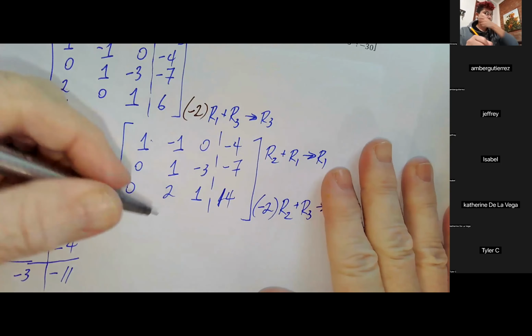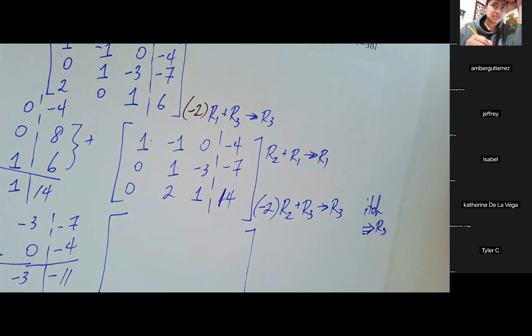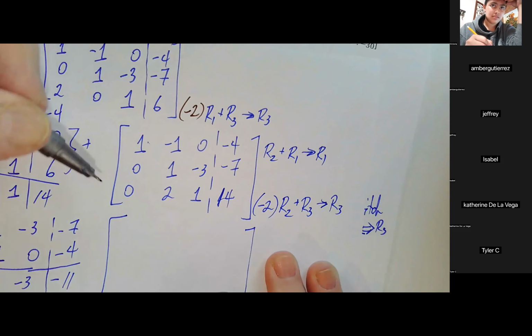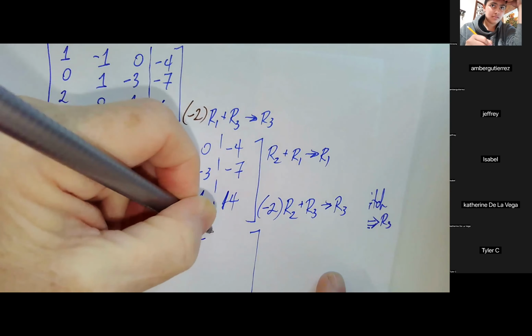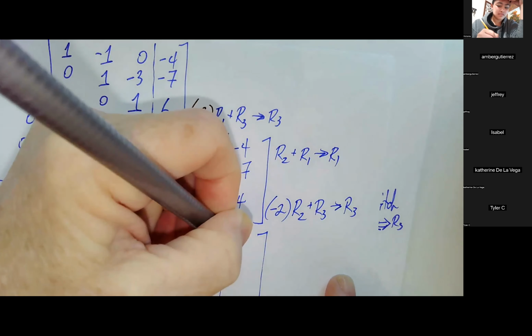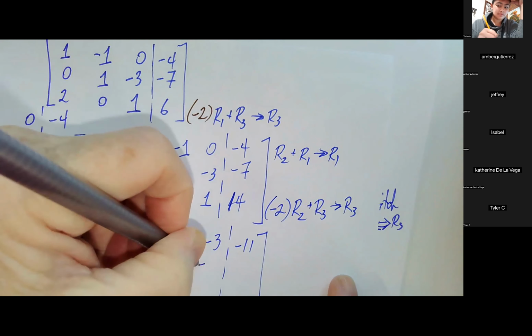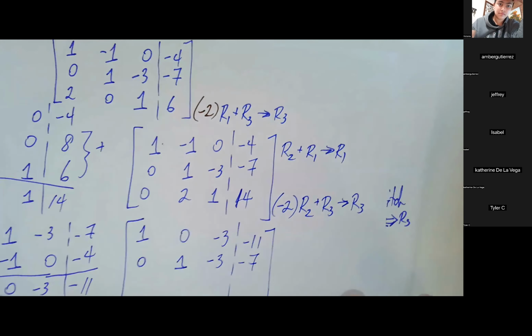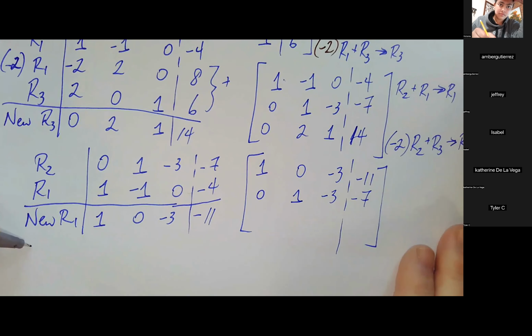Okay, so let's write down our new row 1. All right, so we've got 1, 0, -3, -11, 0, 1, -3, -7. And we still need to find our new row 3.